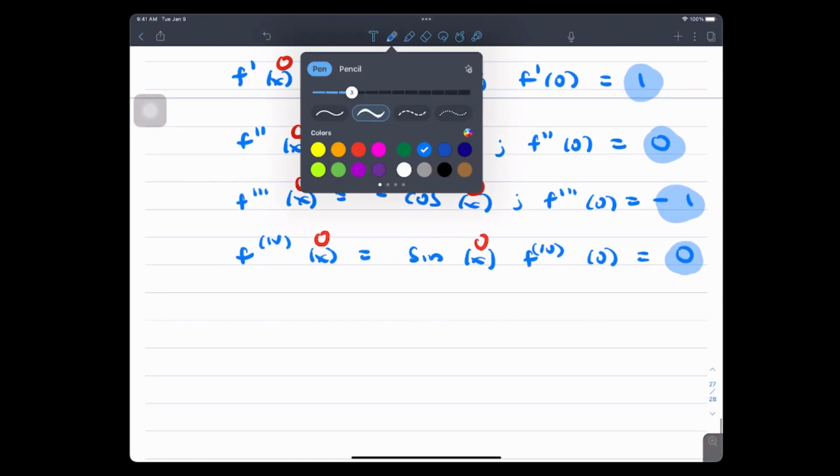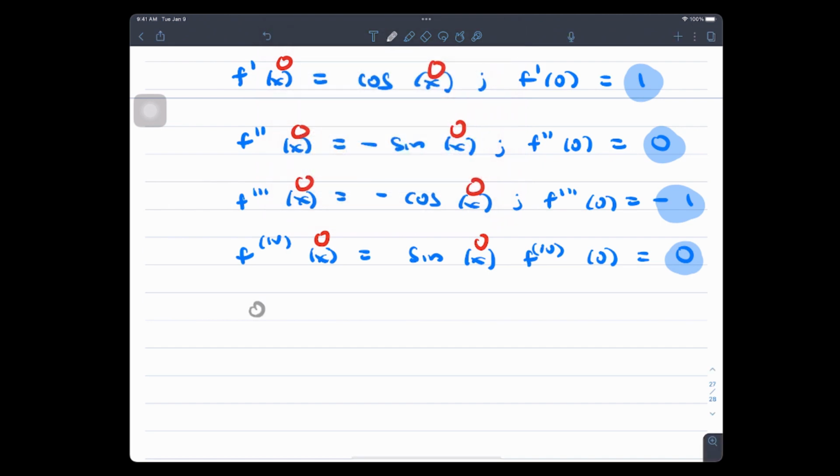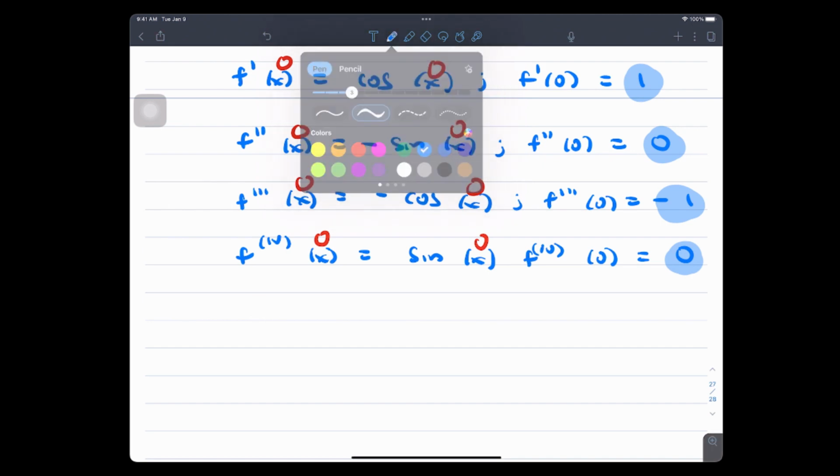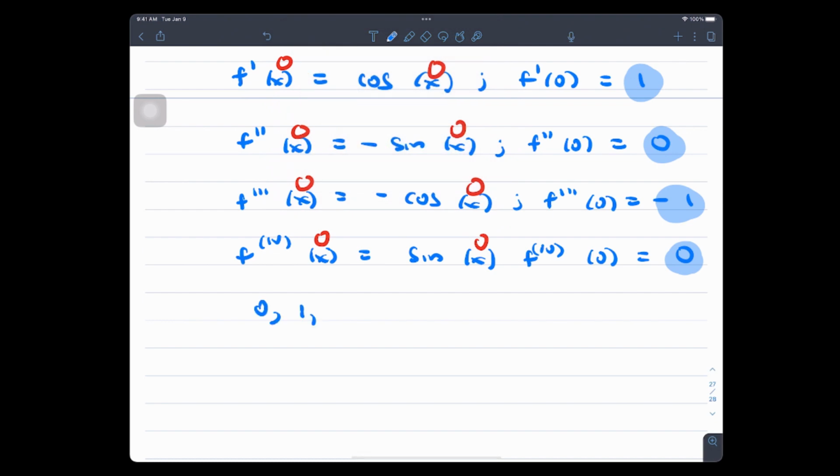You guys know what a sequence is. You're going to see that sequence repeat forever: 0, 1, 0, -1, 0, 1, 0, -1, 0. That sequence goes on forever for that derivative evaluated at 0.